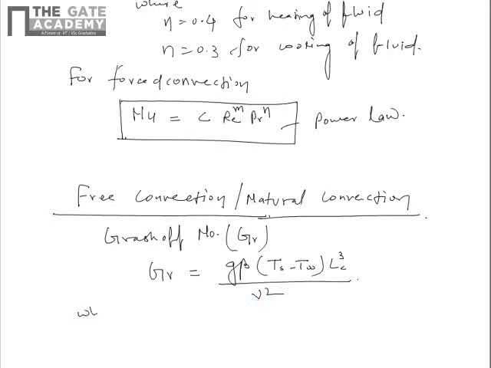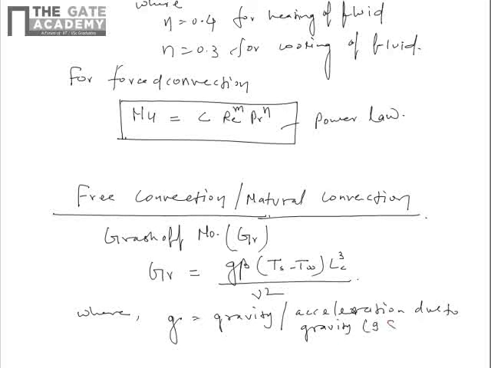where g is the acceleration due to gravity, which is nothing but 9.81 meter per second square. Beta is the coefficient of volume expansion.